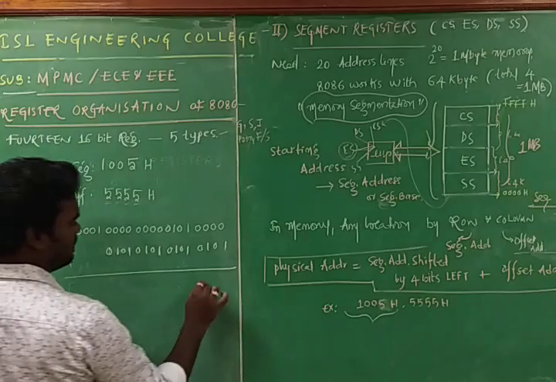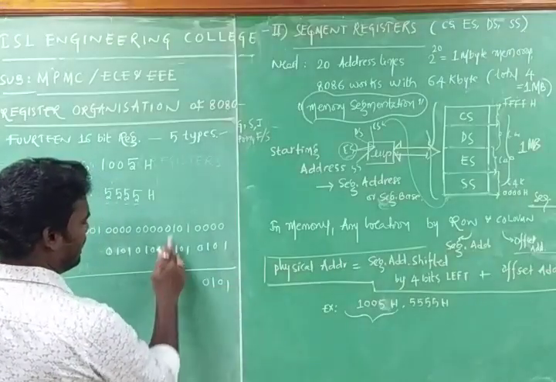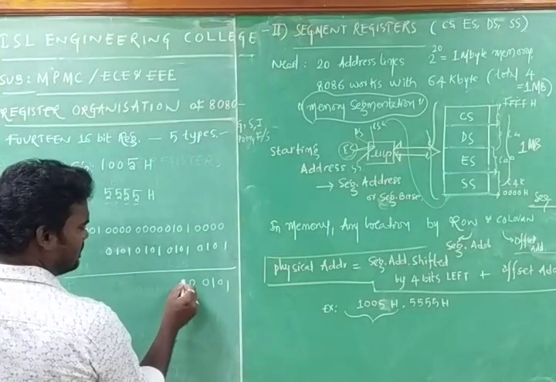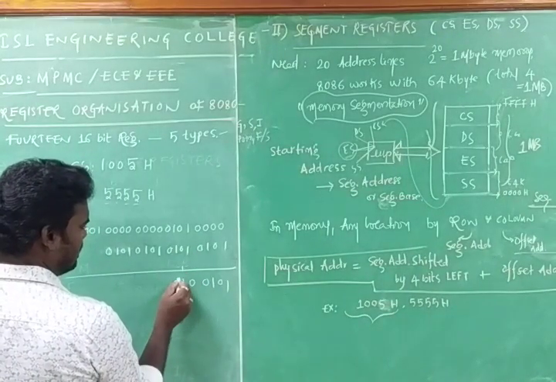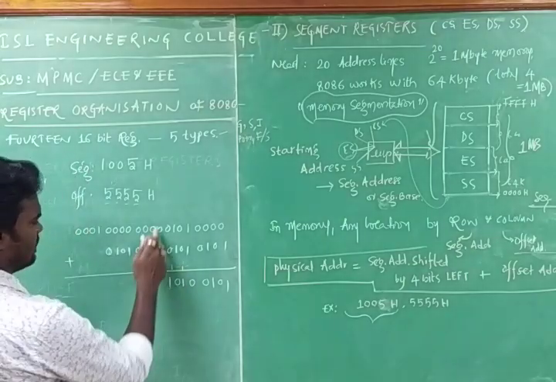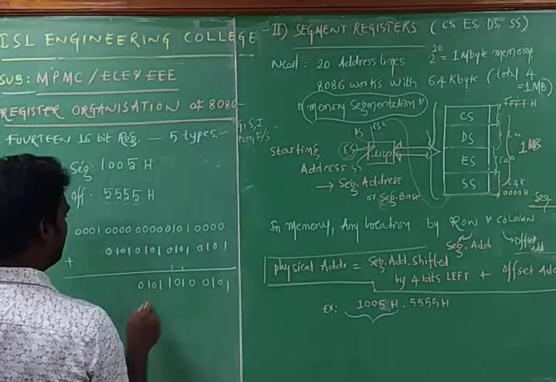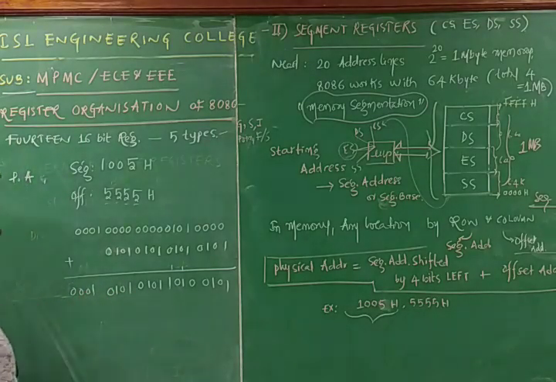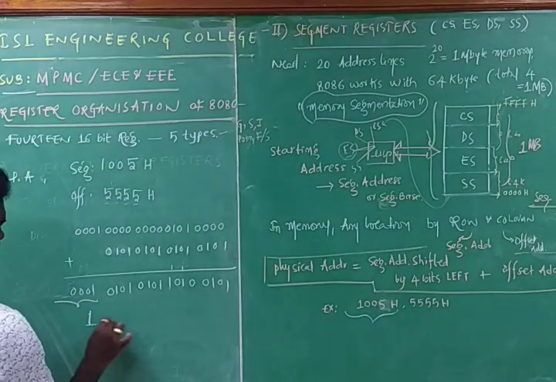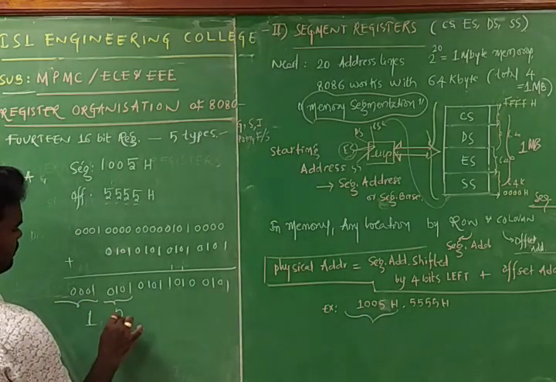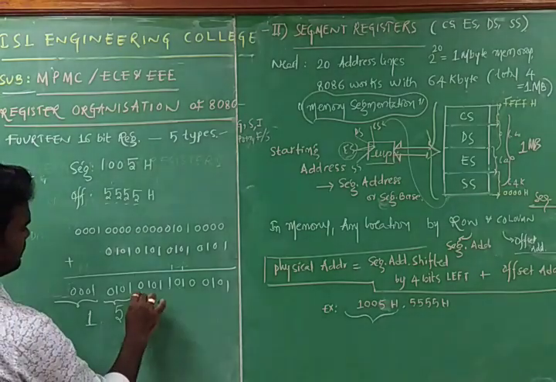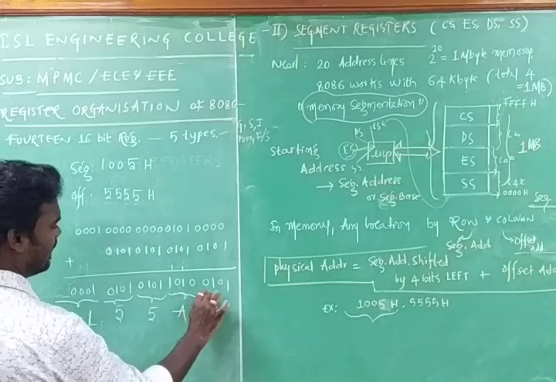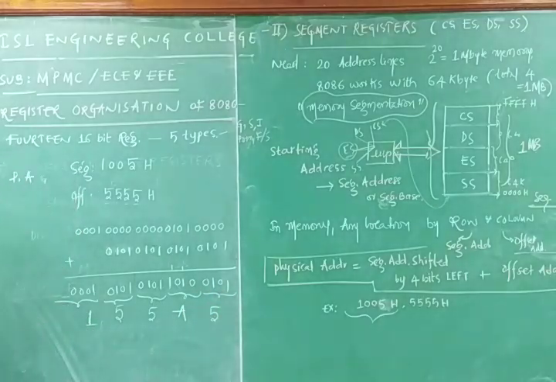Adding the bits gives 0101, then 0101, then 0101, and 0001. So this is 1 in the hexadecimal number system, next is 5, next is 5, next 1010 is A, and this is 5.